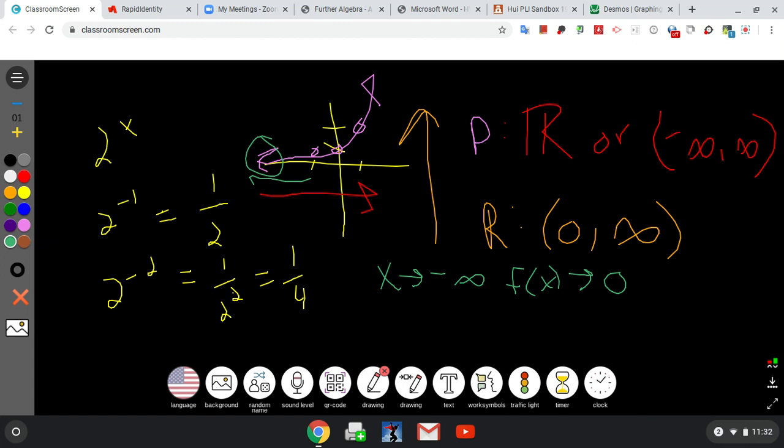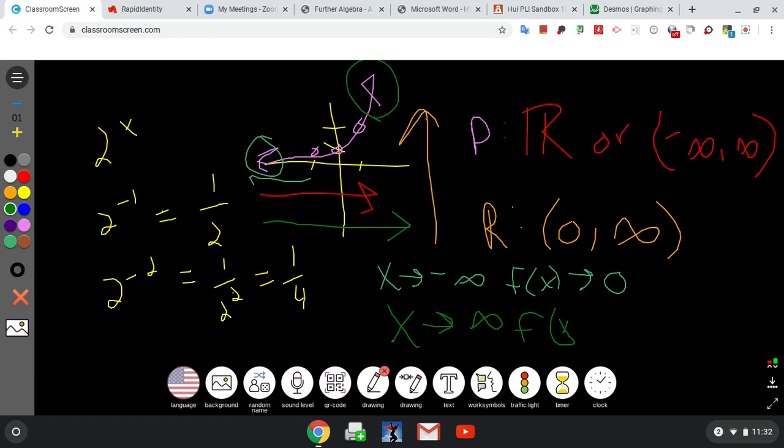We can also take a look at the other direction, when x approaches positive infinity. As it goes this direction, that would be this end over here. As we go out towards the end, it won't let me circle it. There it goes. So as x approaches positive infinity, what is the function doing?